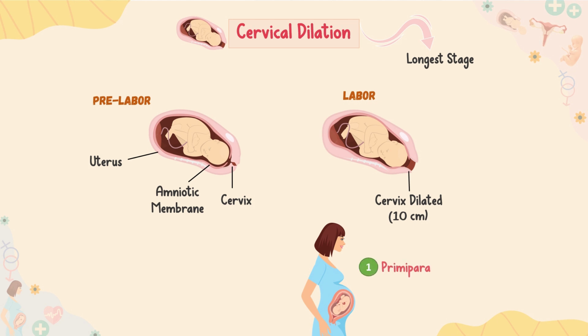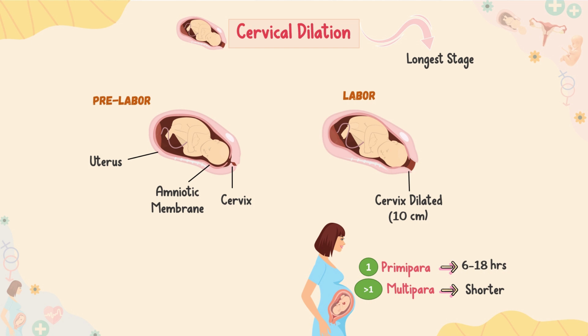If the woman is giving birth for the first time, who is referred to as a primipara, then it usually lasts for about 6 to 18 hours. While for the women who have previously given birth, means a multipara, this stage of labor is shorter in duration, and tends to be shorter with each subsequent labor.